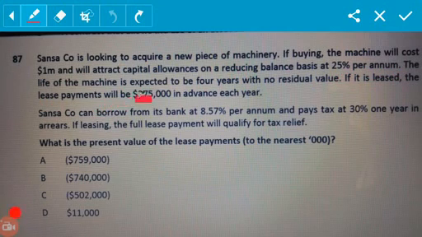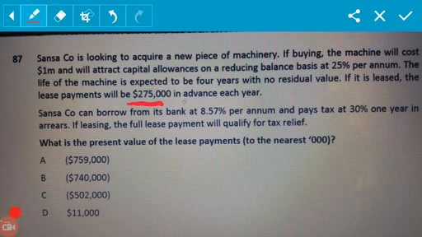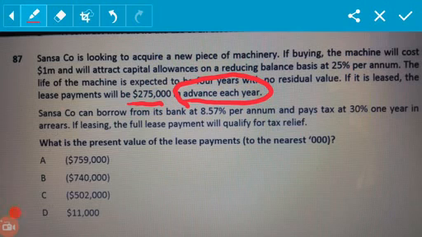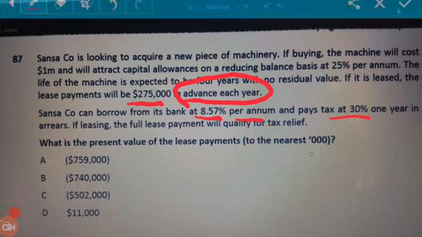The life of the machine is expected to be 4 years with no residual value. If it is leased, the lease payments will be $275 per year in advance. In advance, that's very important. Sansa Co. can borrow from its bank at 8.57% per annum and pays tax at 30%.